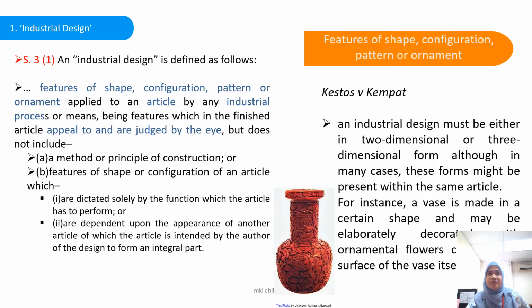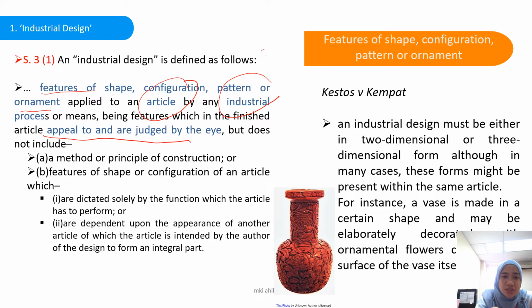Just like I mentioned just now, in the case of F&N Diaries and Tropicana products, the court mentions that there are two aspects of the ID that must be fulfilled, the positive and negative aspect. So section 3 subsection 1 define ID as any features of shape, configuration, pattern or ornament applied to an article by any industrial process which can be appealed to and adjudged by the eye.